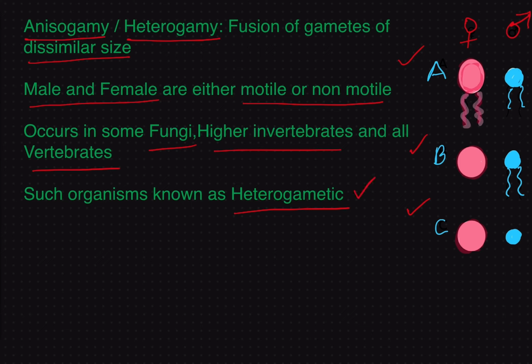Anisogamy is of three types again, as you can see. In general, the female is large and the male is small. The male gamete is smaller and the female is large in size.